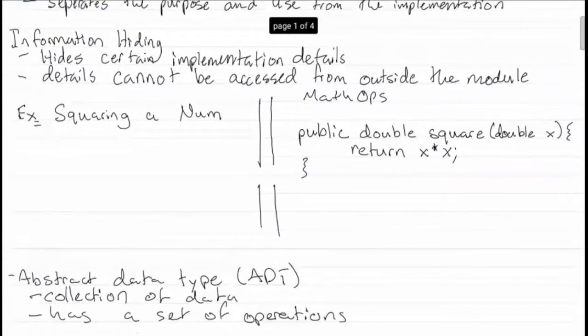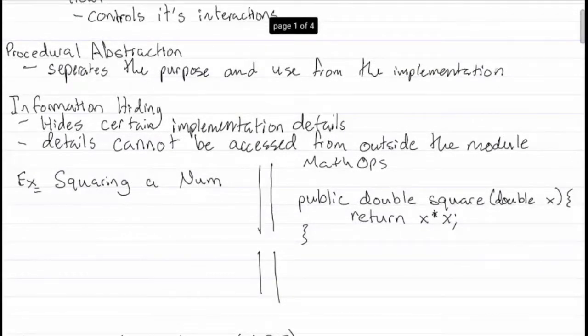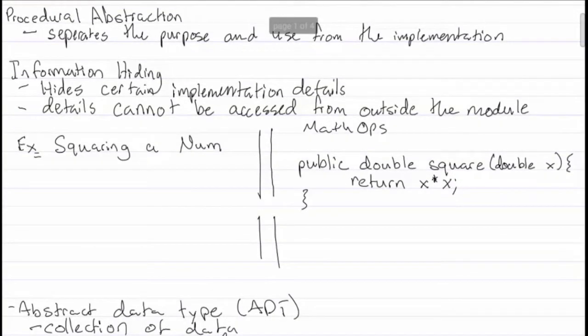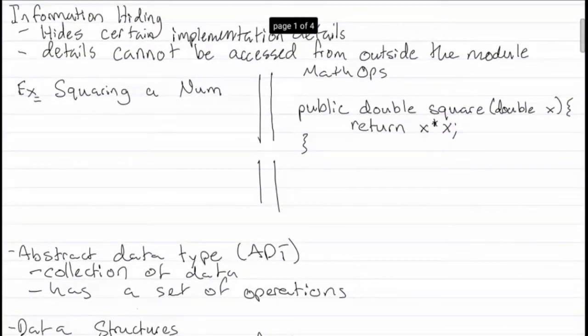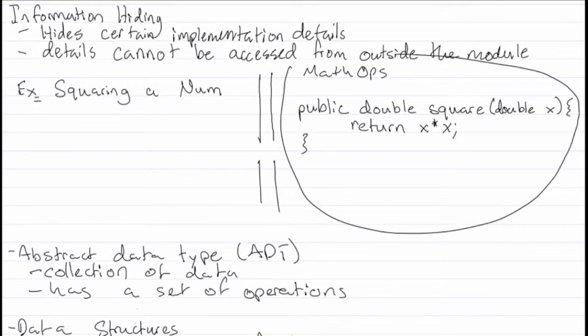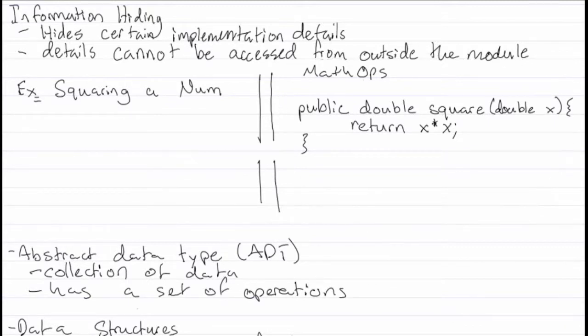So let's do this example to help further explain what procedural abstraction is, and in general a little bit how data abstraction works. What I want to do here is square a number, right? On the right side here, I have a class called MathOps, and I want to use its square function, which just squares a number.